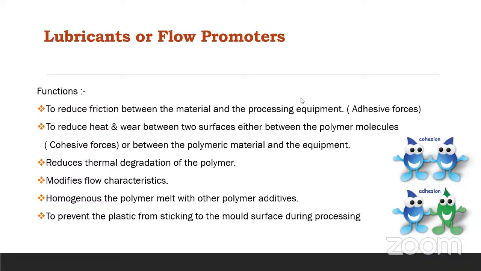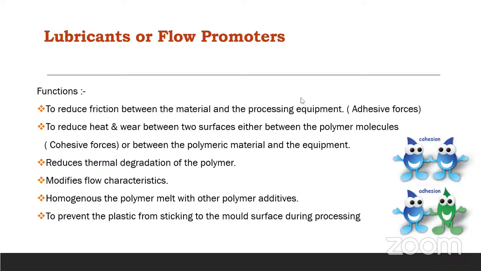The physical interaction in this case: the external lubricant creates a thin film between the polymer and the metal surface. This thin film reduces the sticking of the polymeric material to the metal surfaces. So this is the external lubricant.